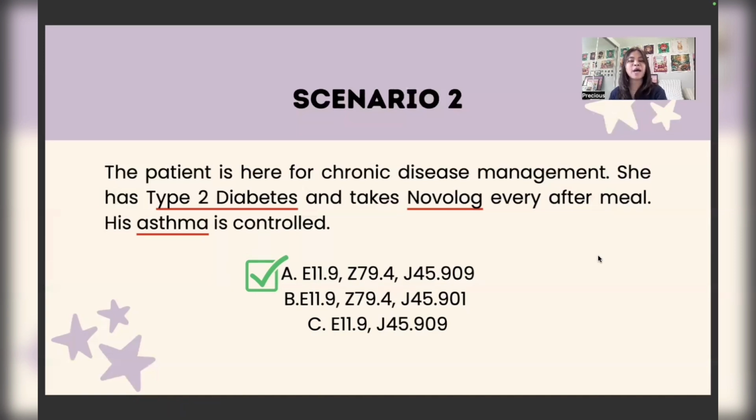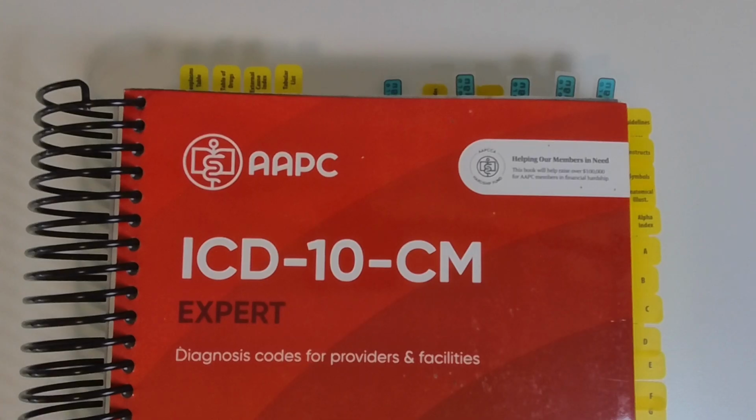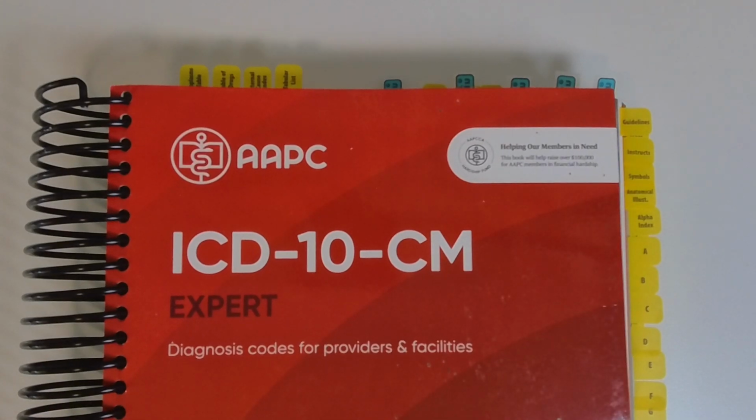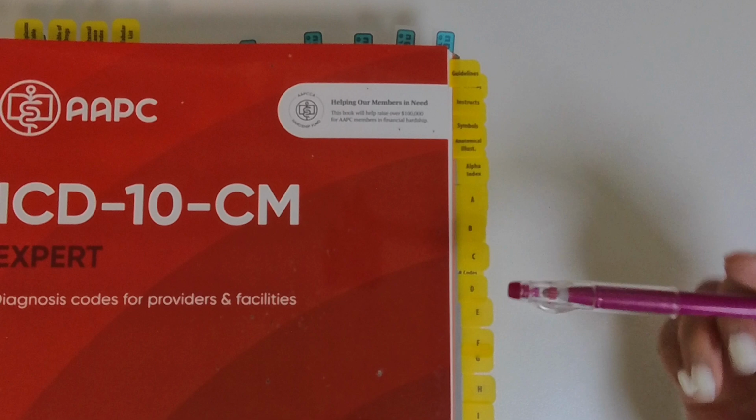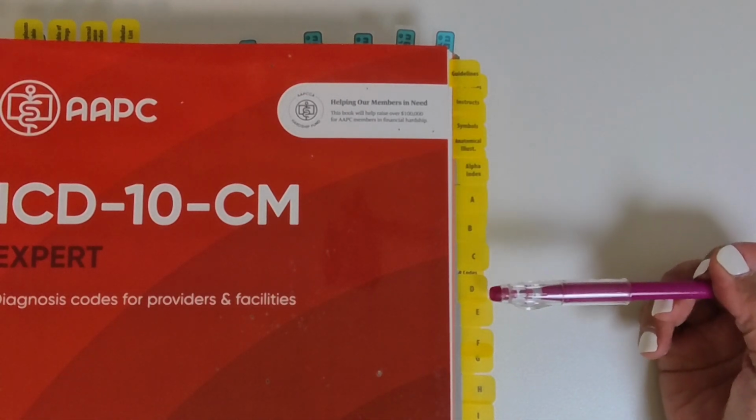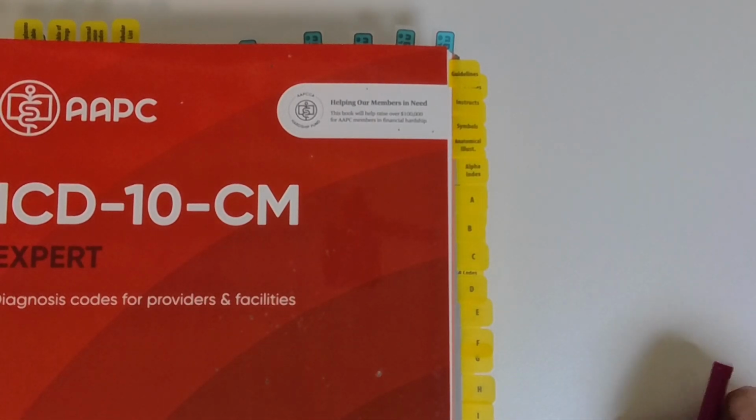And now let's use our ICD-10-CM book to code these conditions. Okay, we have 3 codes, the type 2 diabetes, long-term use of insulin, and asthma. So we have 3 codes to look for. Now, let's start with diabetes. Let's start with our alphabetic index, and let's start with letter D for diabetes.